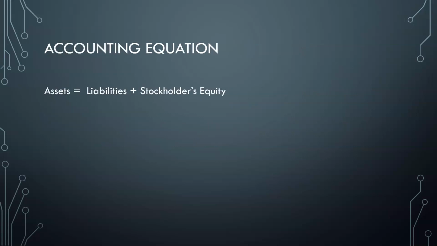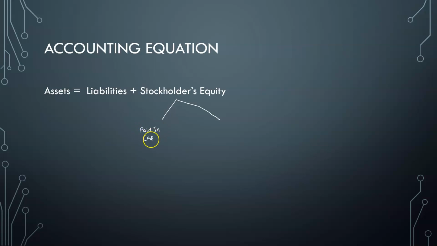Let's go back to the accounting equation. So we know that assets equals liabilities plus stockholders' equity. We're going to split stockholders' equity into the two components that we talked about. So stockholders' equity can be split into common stock. Well, let's call it first, let's say paid-in capital.